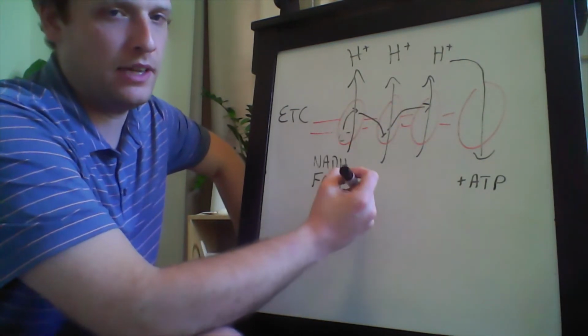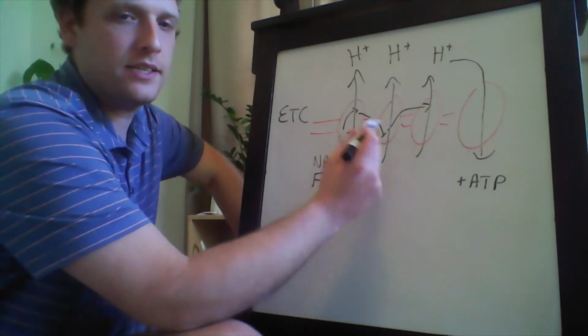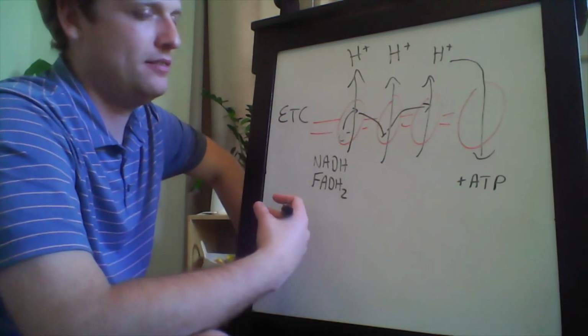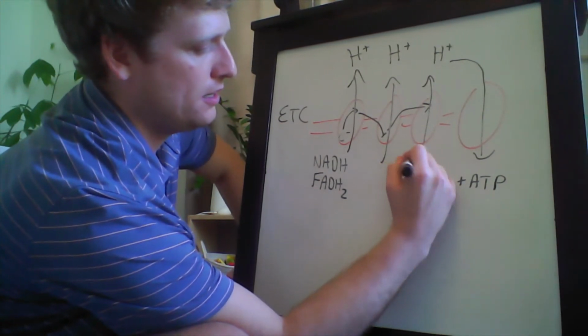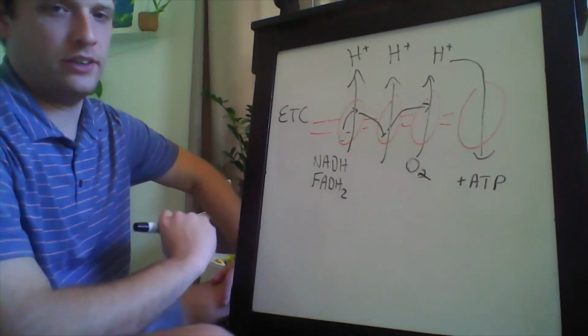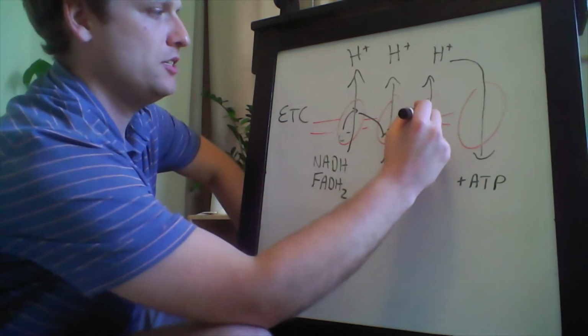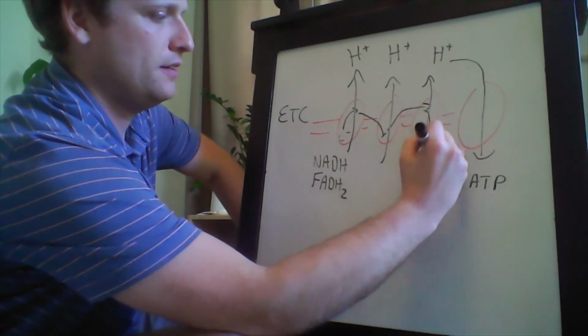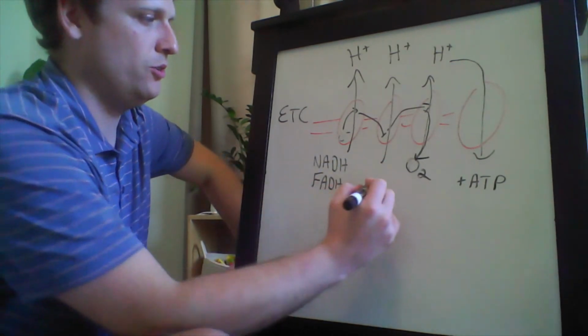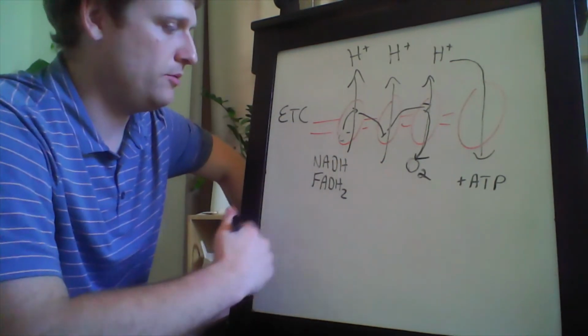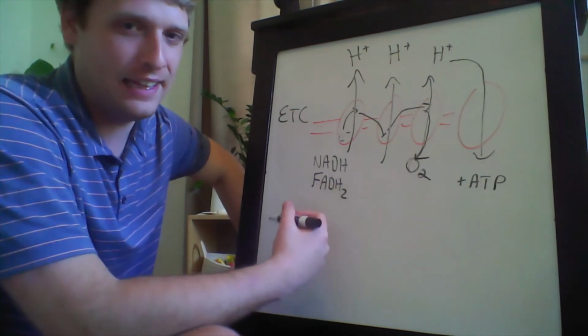They're accepting those electrons. The last molecule that accepts the electron, the final electron acceptor, is O2, molecular oxygen. So that electron is going to finally be accepted by O2. And again, remember when something gets reduced, it gains an electron.